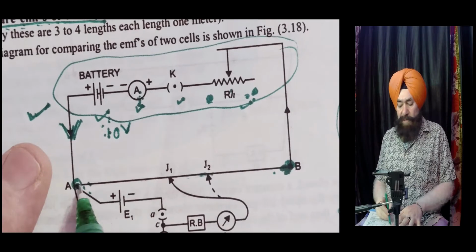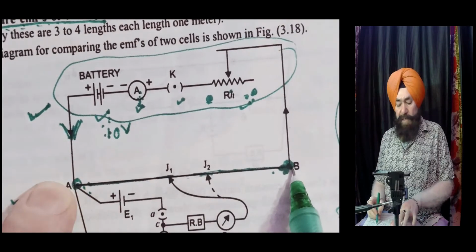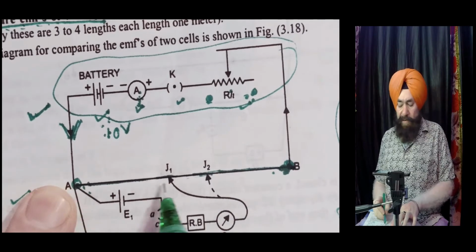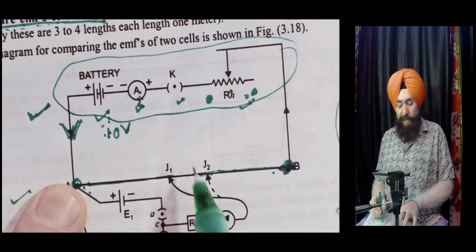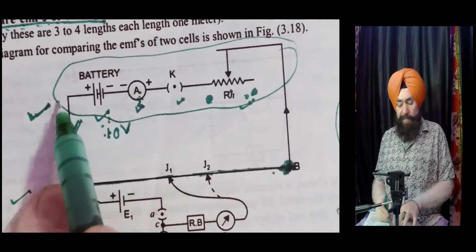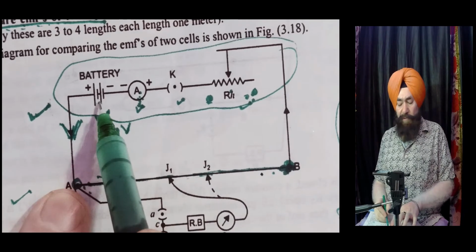Okay, how? In a potentiometer, this is a long wire made up of constantan or manganin. Do you know the reason why it is constantan or manganin? Please write to me in the comments box. And this is a basic circuit which sends the current to the potentiometer wire. What is this circuit?